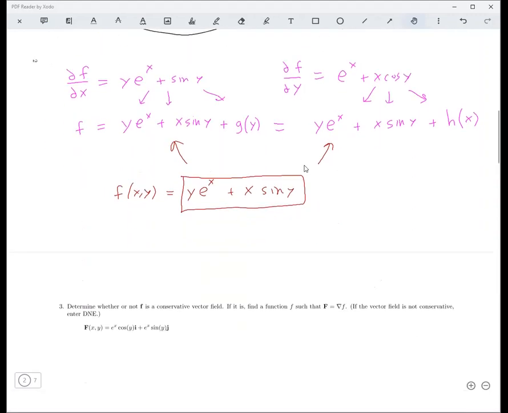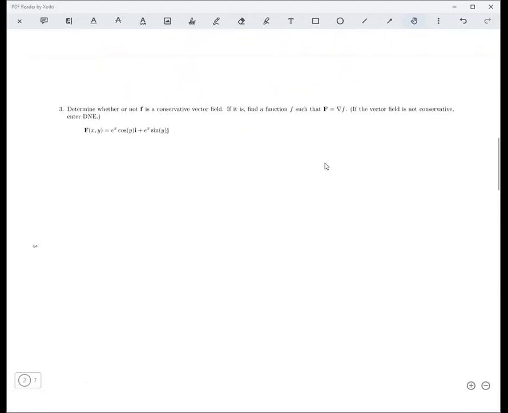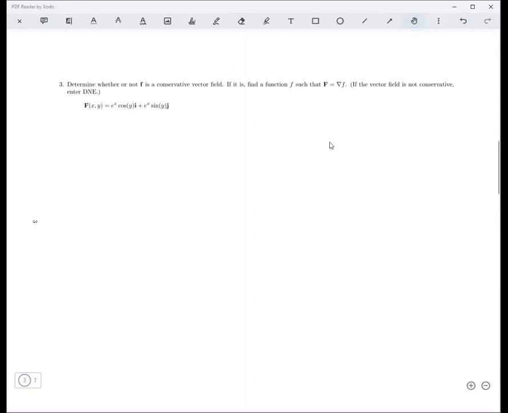Okay, number 3, the same kind of problem. So the first thing you're going to do is determine whether it's a conservative vector field or not. And again, this is our P, and this part's our Q. So take the partial of P with respect to Y. The derivative of cosine is negative sine, so this is going to be negative e to the x sine y.